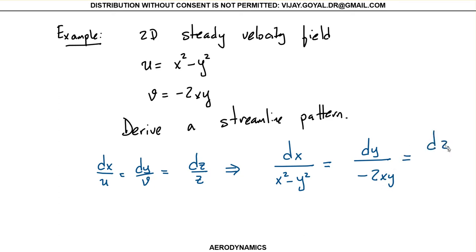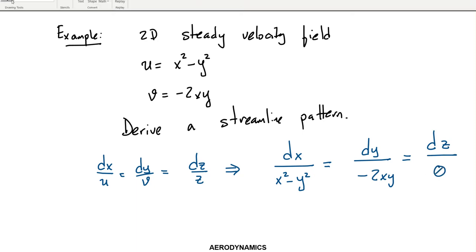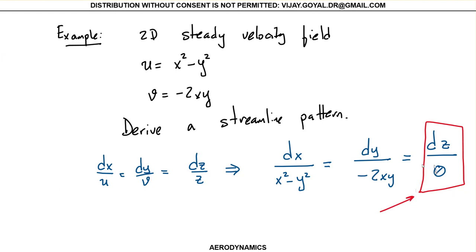It's a two-dimensional flow, so it's divided by 0. When I say 0, what this indicates is that streamlines do not vary with z.